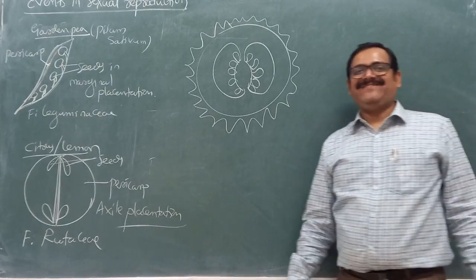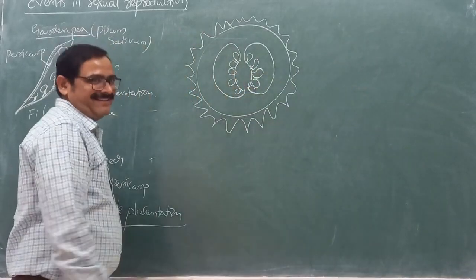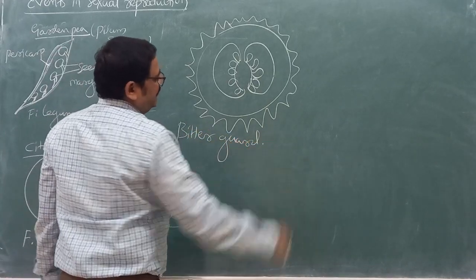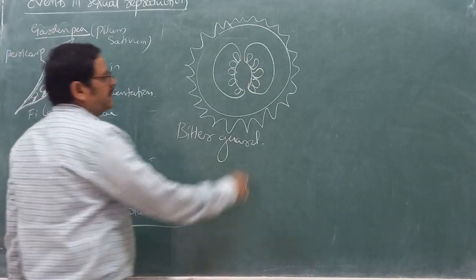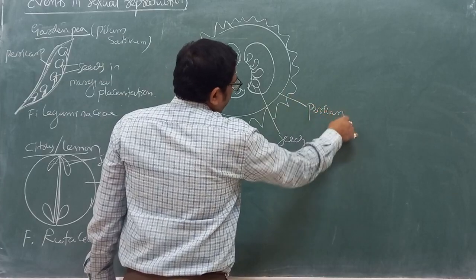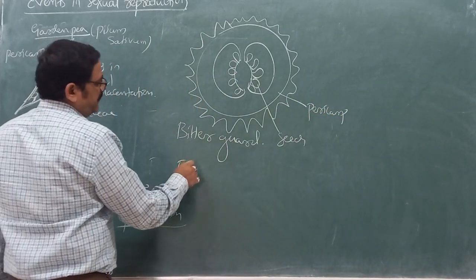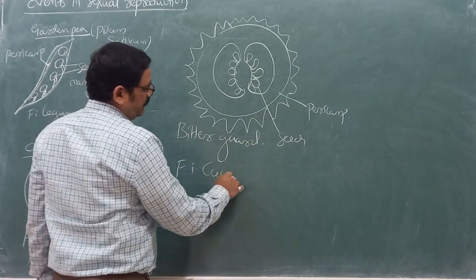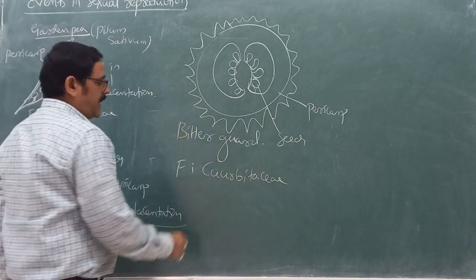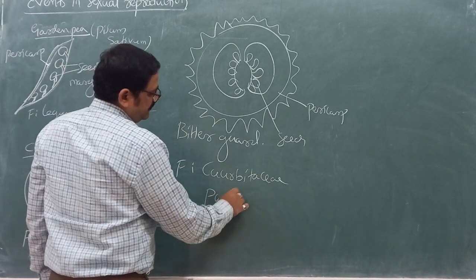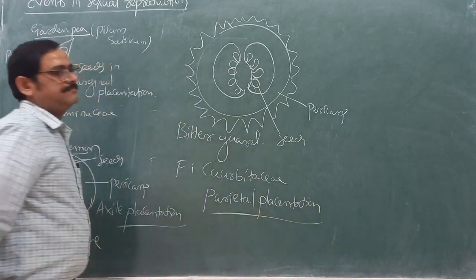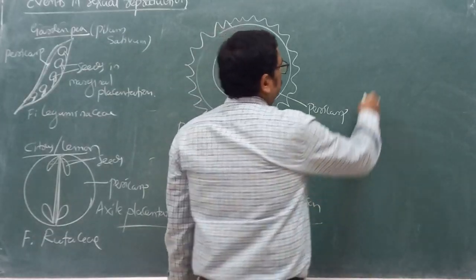I told you half the name. It is bitter in taste, so it is bitter gourd. Here we find the seeds and the pericarp, and it belongs to the family Cucurbitaceae. The placentation is parietal placentation.